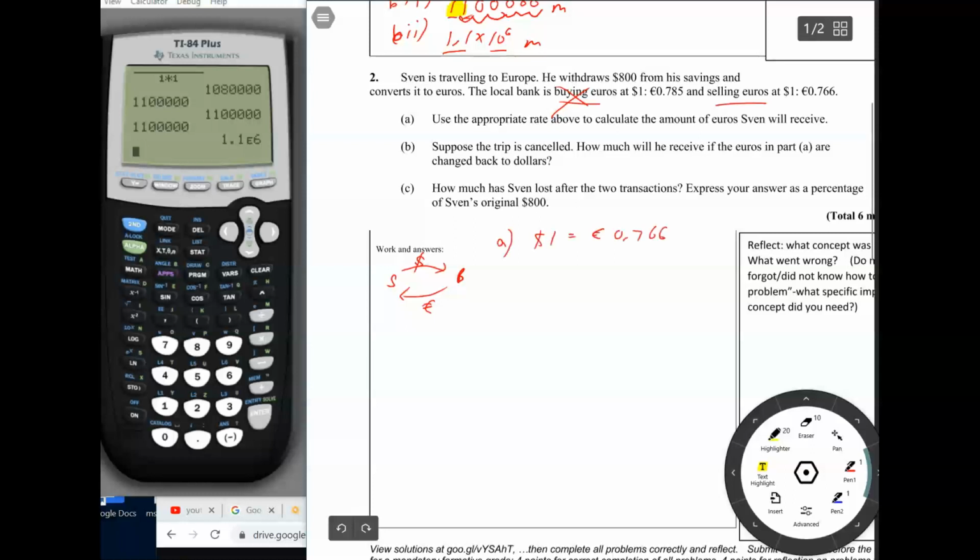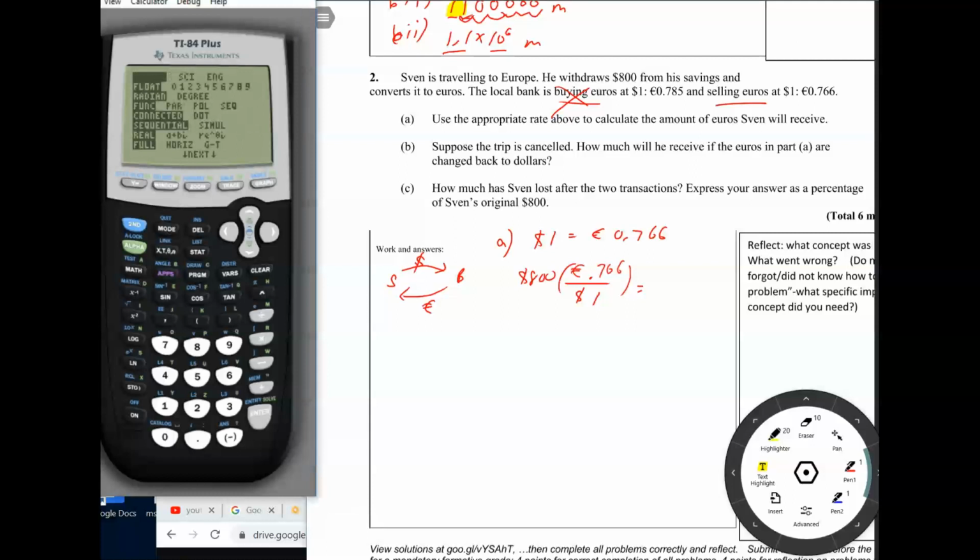So what we're going to do is, in A, we are going to use the rate $1 equals 0.766 euros, and we are going to find out how many euros Sven gets. So he starts with $800, and then we're going to multiply times the domino made from the rate above, which has 0.766 on top and $1 on the bottom. So let's multiply that out here. Let's make sure our mode is back to normal.